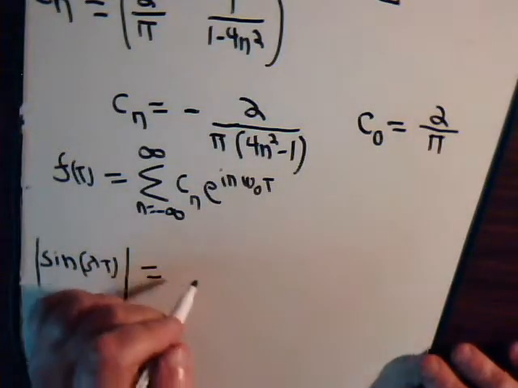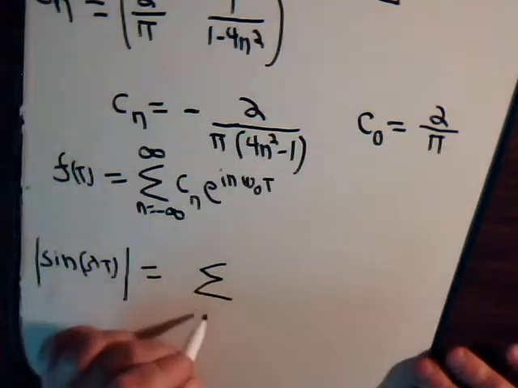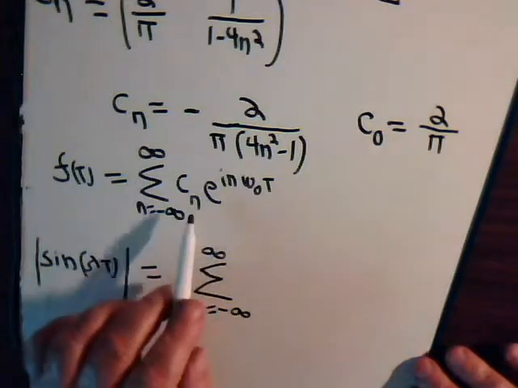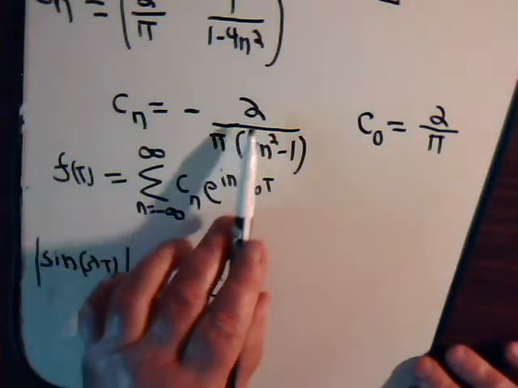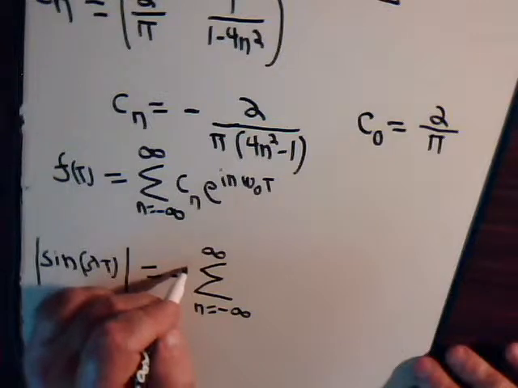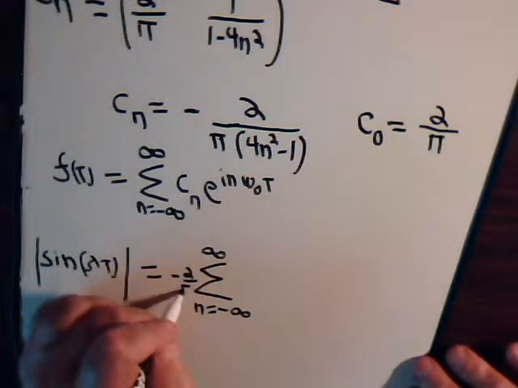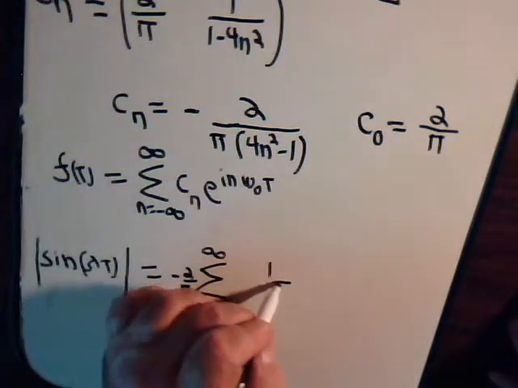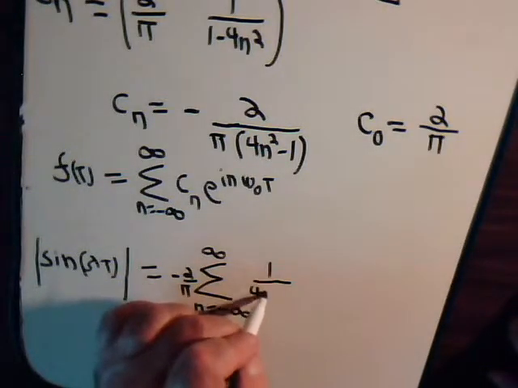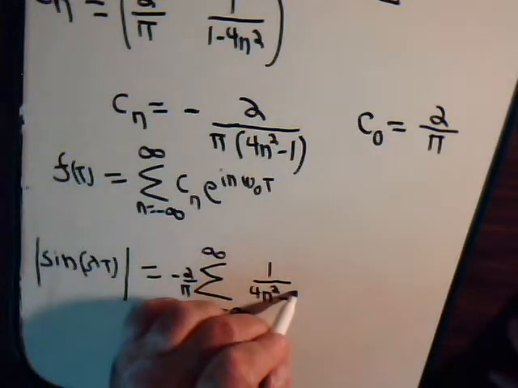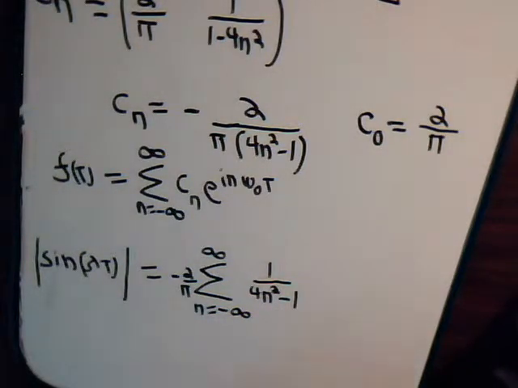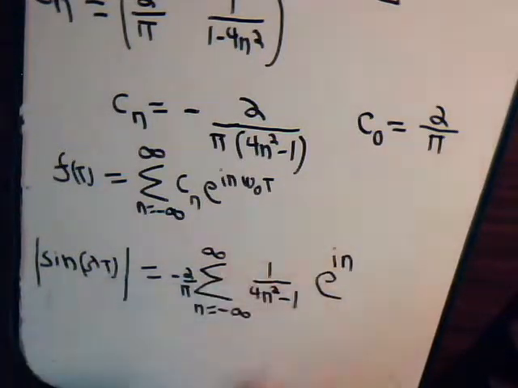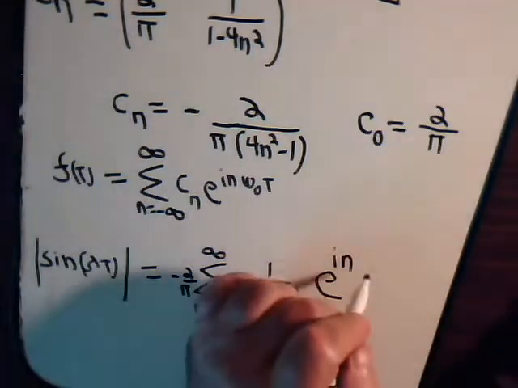This will be equal to C sub n, that's this, minus 2 over pi times 1 over 4n squared minus 1 times e to the i n omega naught, that was 2 lambda.